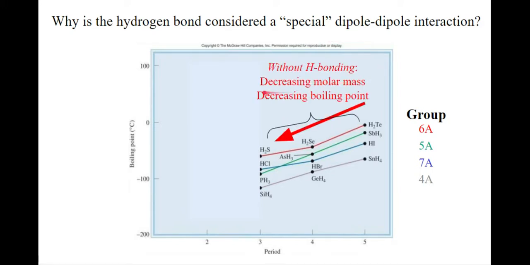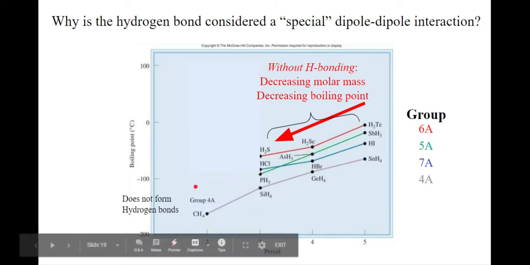So without hydrogen bonding coming into play, as the molar mass goes down, there's less electrons, it's less polarizable, and the boiling point goes down. And if we look at 4A in the carbon family, it continues on. So from silicon to carbon, the boiling point keeps dropping.